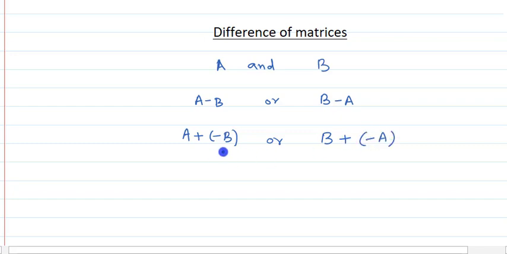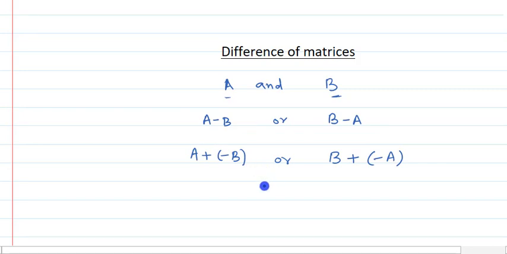It means we need to calculate the negative of matrix B first in case of A minus B, and then add matrix A with the negative of matrix B. Similarly, if we need to find B minus A, then first of all we'll calculate the negative of matrix A and then add it with matrix B. Before taking an example, we should note one more thing here, that the order of matrix A and matrix B should also be equal.